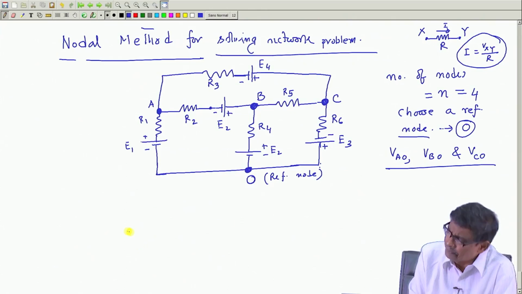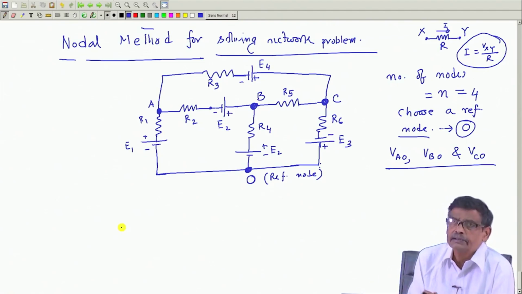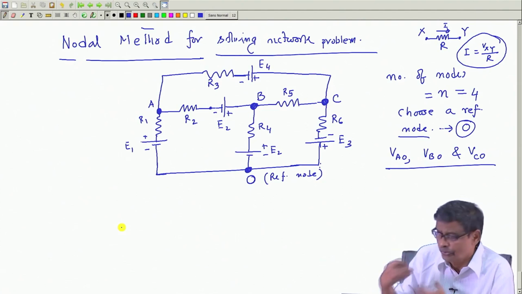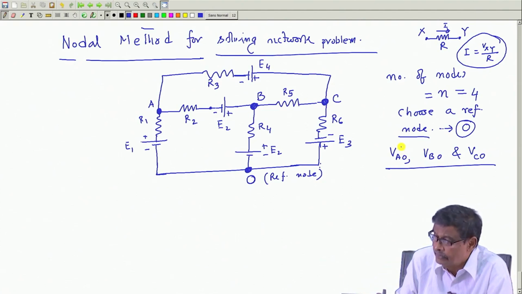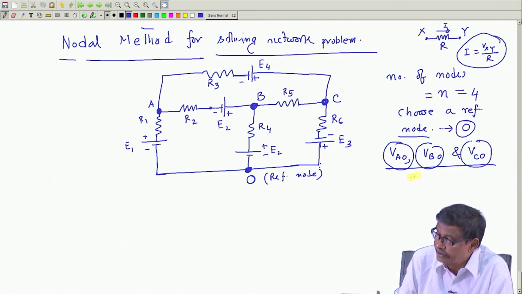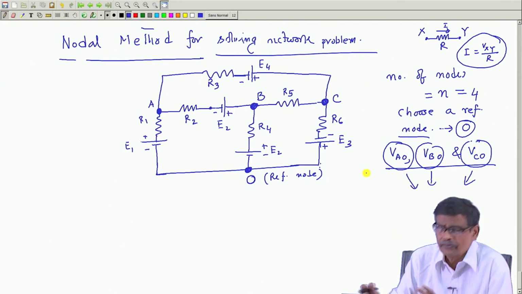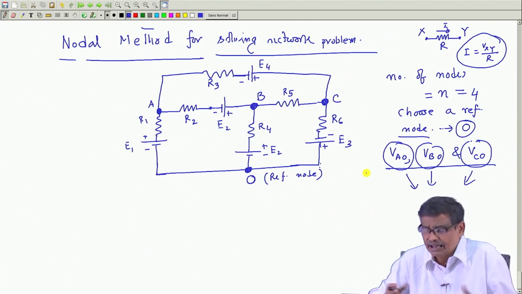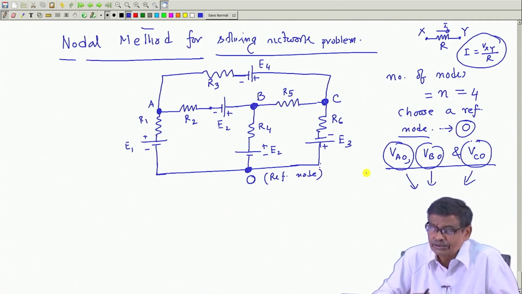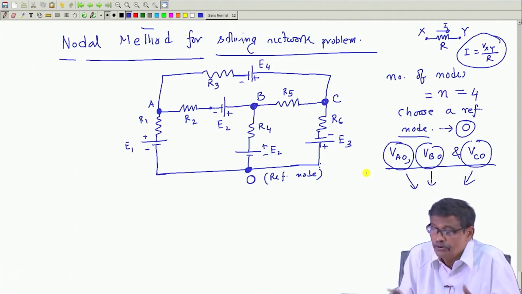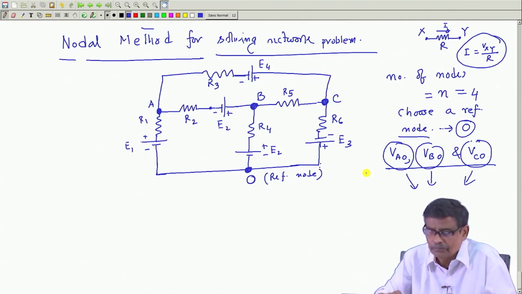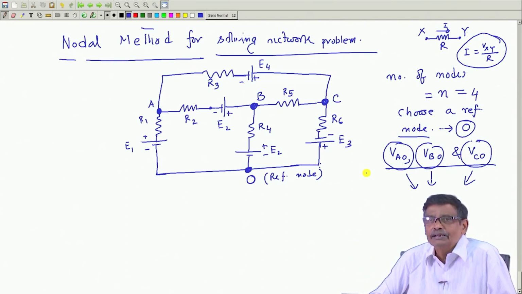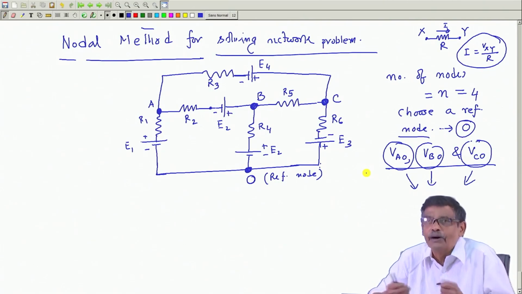Now, I am saying that if by some means, by hook or by crook, you have somehow been able to calculate these three voltages, by doing something that we will discuss, but if I say that in this network V_AO is known, say it is 10 volt, V_BO is 5 volt, V_CO is 12 volt, then the calculation of branch currents will be very simple now.